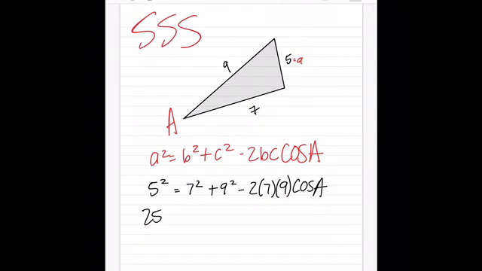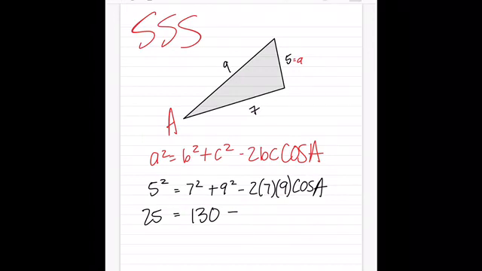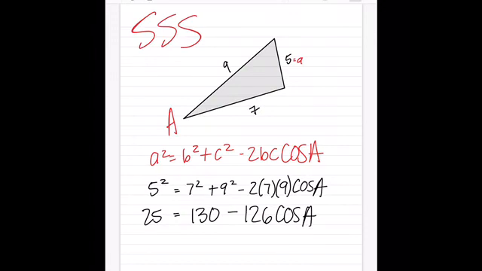So 5 squared is 25. 7 squared plus 9 squared is 130. Minus 2 times 7 times 9, that's 126, cosine of A. Okay, so I'm going to go ahead and subtract 130 from both sides to cancel it.